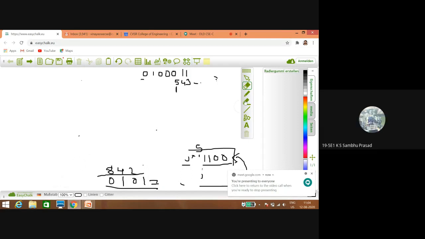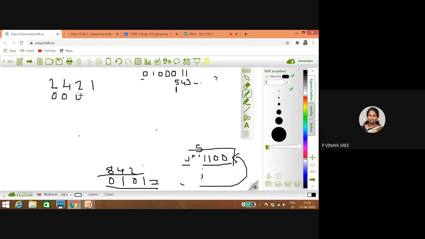Let me write the weights 2, 4, 2, 1. Writing 0 is 0000. Writing 1 is 0001. Now coming to 2, how to write 2? We can write it as 0010 as one combination, and the other one is 1000.